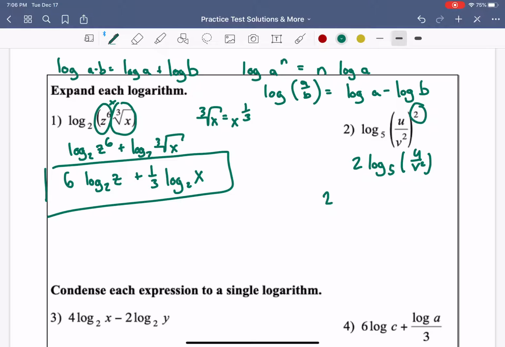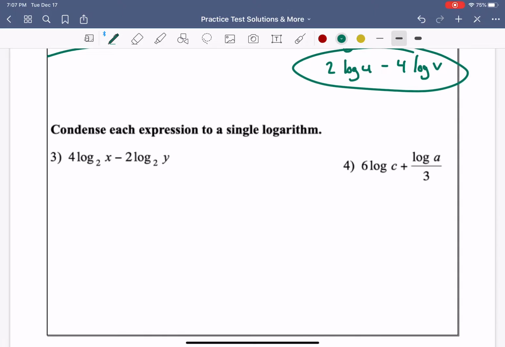So here, that 2 stays on every log we have, and we do the log of the numerator minus the log of the denominator. But again, we still have one more coefficient to deal with, so we have log base 2 times the log of u minus 4 times the log of v.